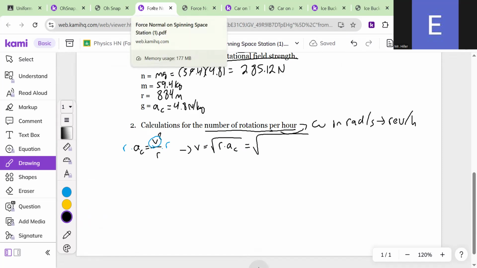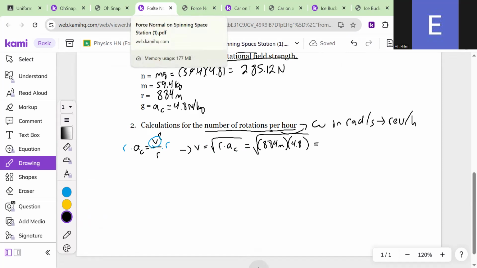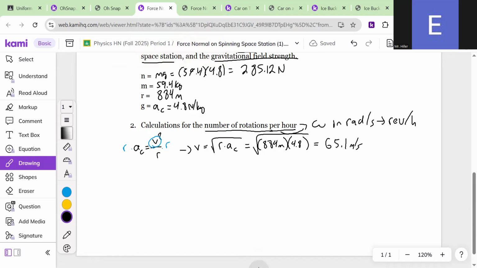So my radius, 884 meters, times my centripetal acceleration, 4.8 newtons per kilogram. All right, I'm going to figure out my linear speed. Figure out yours, I'll figure out mine. Don't forget to square root. I'm looking at about 65.1 meters per second of linear speed.